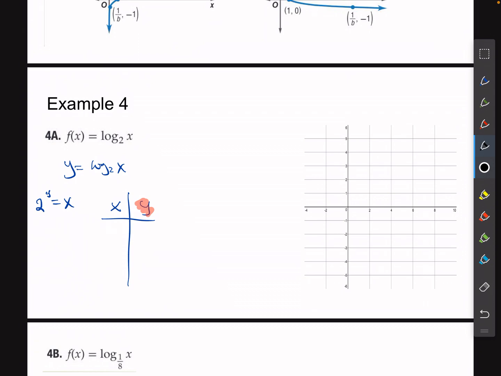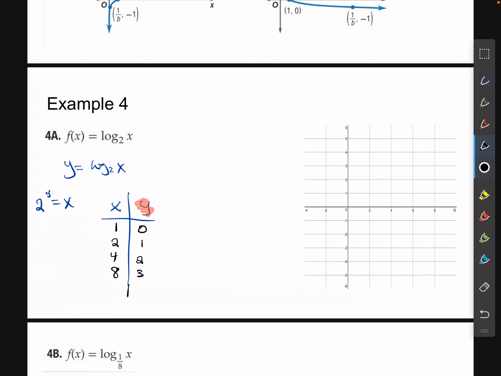Let's see what we get out here. What happens if we choose 0? If you choose a 0 for y, 2 to the 0 is just 1. If I choose a 1 for y, 2 to the 1 is 2. If I choose a 2 for y, 2 to the 2 is 4. If I choose a 3 for y, 2 to the 3 is 8.